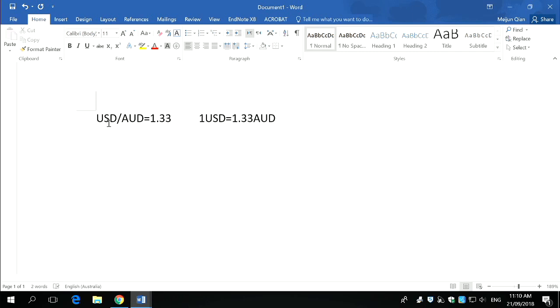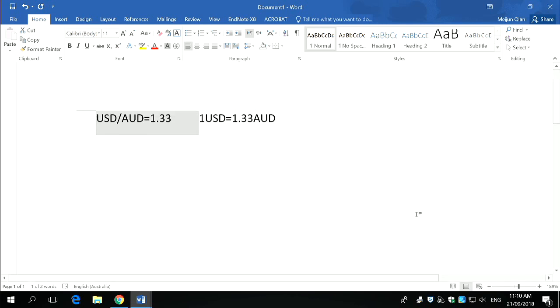These two are equivalent. And if you don't believe they're equivalent, you can divide both sides by AUD, and you get this. Is that right?